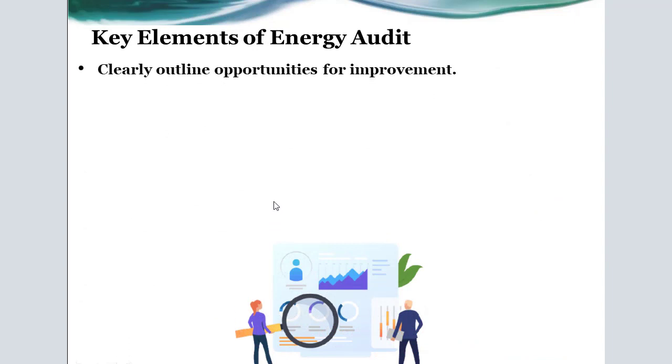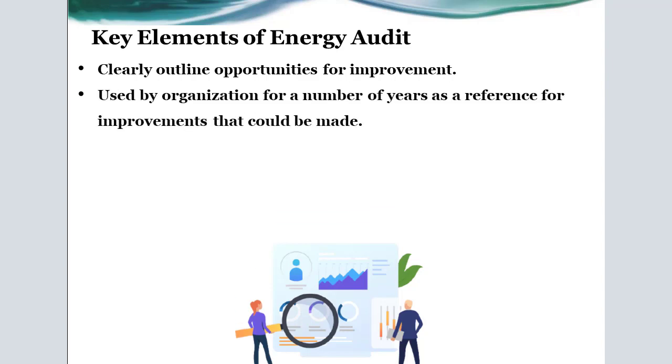Now the key elements of the energy audit report. The report must clearly outline opportunities for improvement, and will be used by the organization for a number of years as a reference for improvements that must be made.